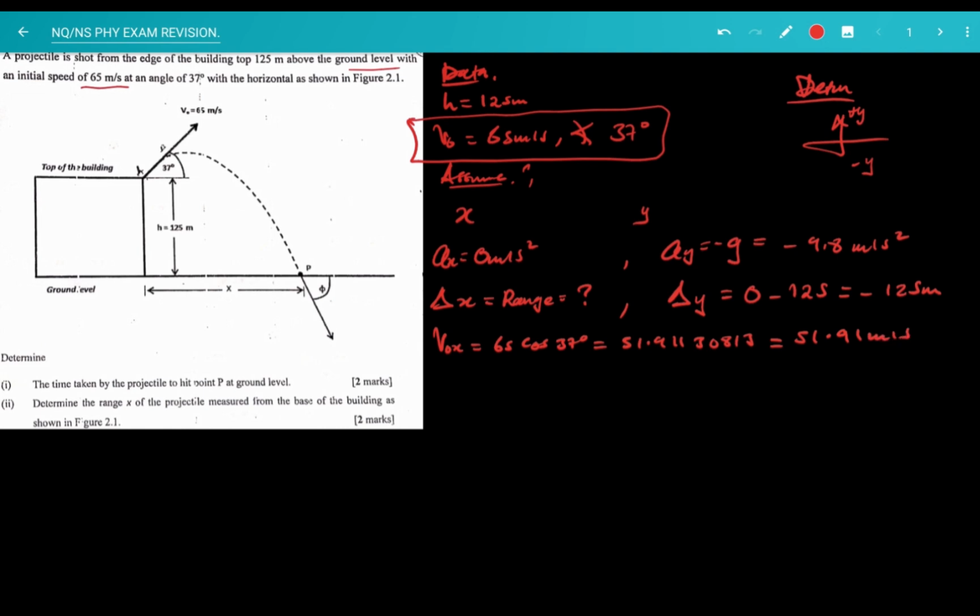Then let's also find the initial velocity, or speed rather, in the Y, which would be 65 sine 37 degrees. And this will give us 39.1179765, which will be V initial sub Y, equivalent to 39.12 meters per second.